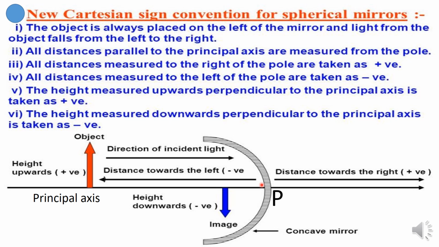All distances measured to the right of the pole are taken as positive, while all distances measured to the left of the pole are taken as negative. The height measured upwards perpendicular to the principal axis is taken as positive, while the height measured downwards perpendicular to the principal axis is taken as negative.